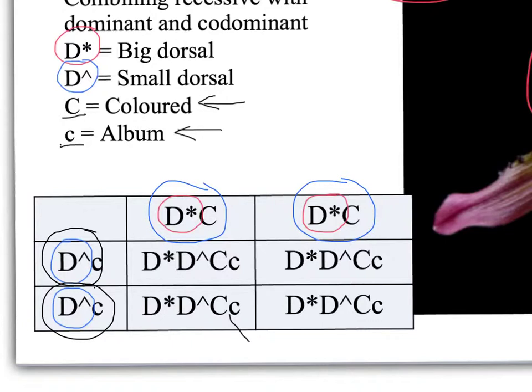They're all going to be heterozygous because we're assuming that the parents are all homozygous. So the offspring are going to be heterozygous for the dorsal, and they're also going to be heterozygous for colour. What this means is that we have codominance of the dorsal, so the dorsal is not going to be small, but it's not going to be big, it's going to be medium sized.